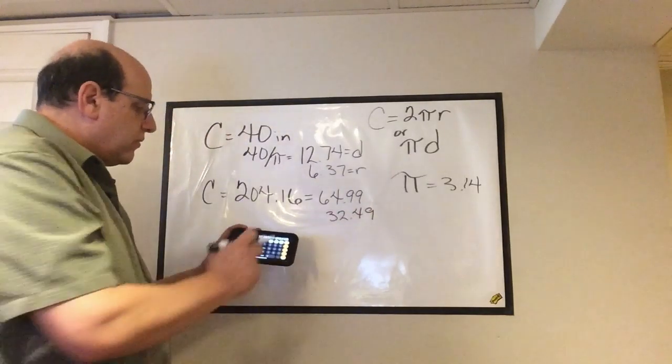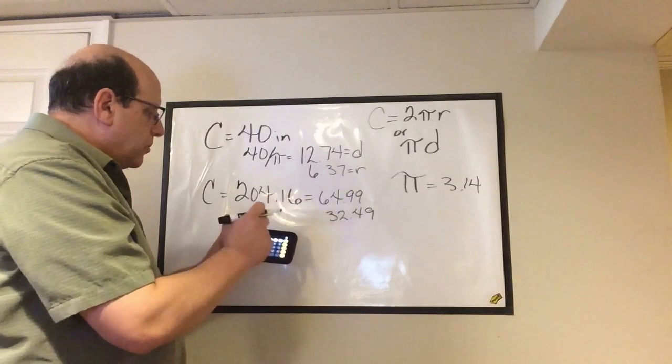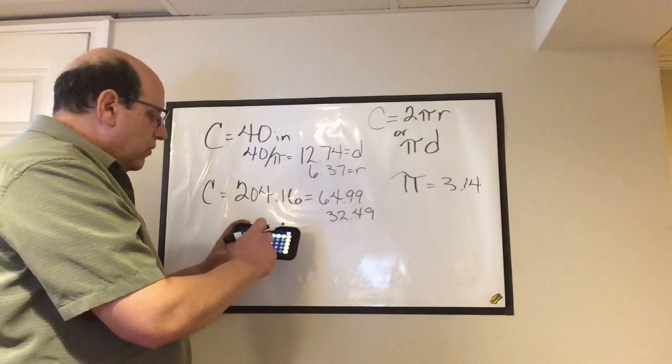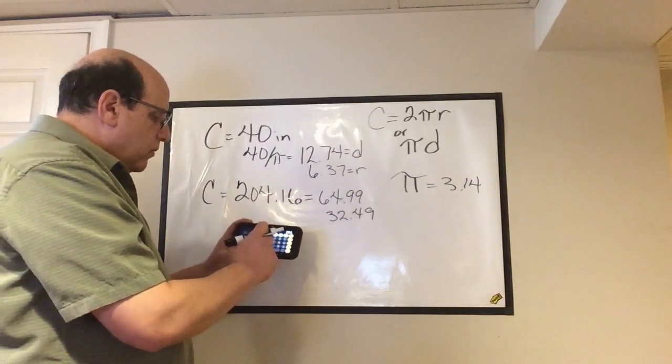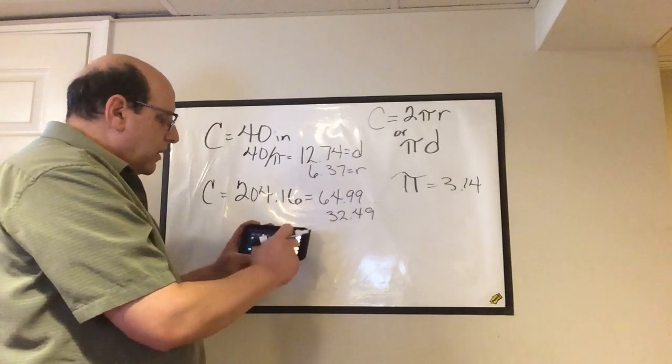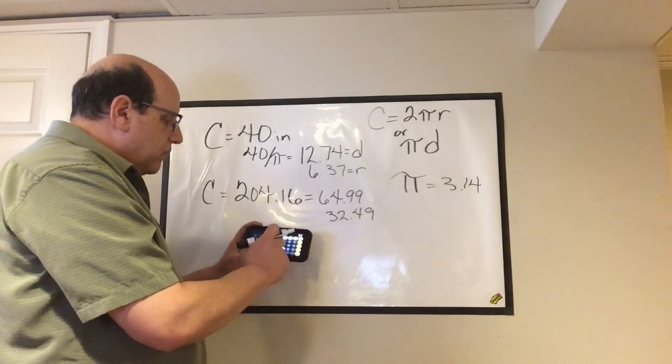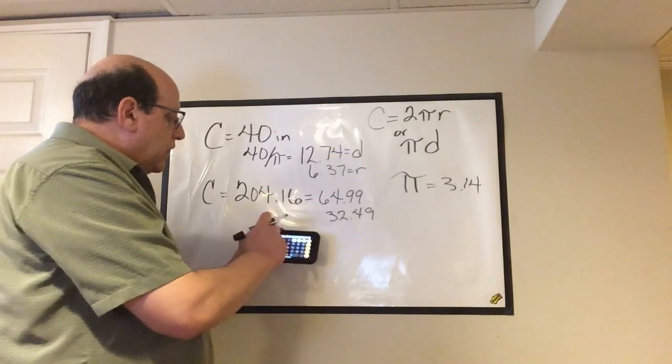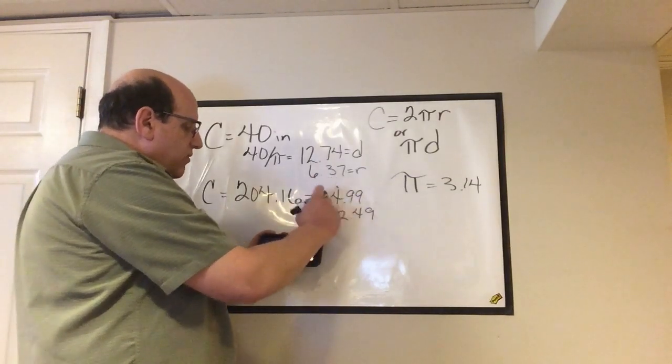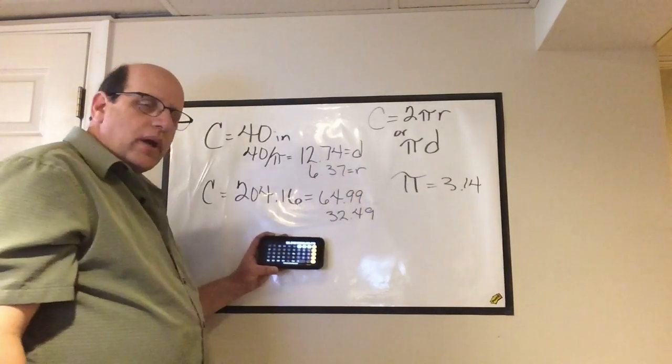It's close enough. And if I used 3.14, 204.16 divided by 3.14, I get just about the same thing. I actually get 65.02 out of this.